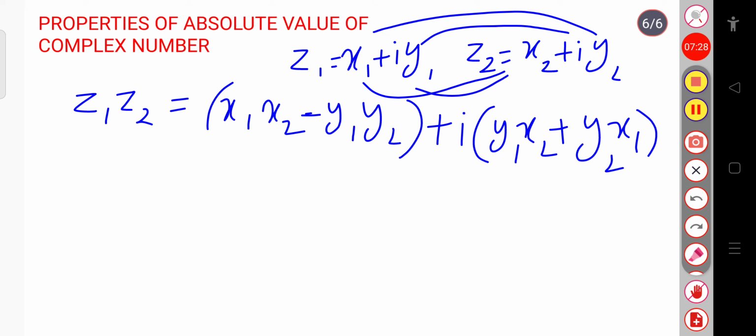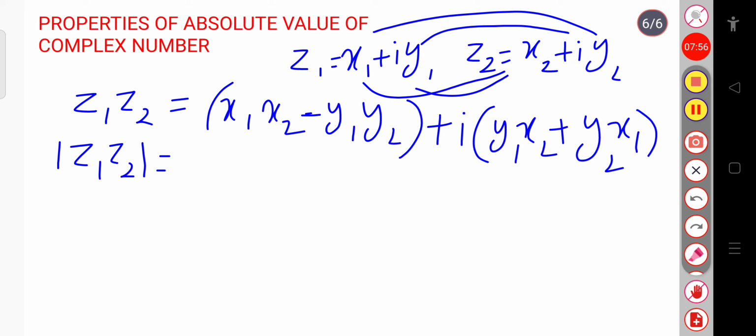Now if I take the modulus of z1 into z2, I take z1 z2 as a complex number and consider its complex conjugate, which will simply be the minus of this. So the modulus will be of the form a plus b into a minus b.